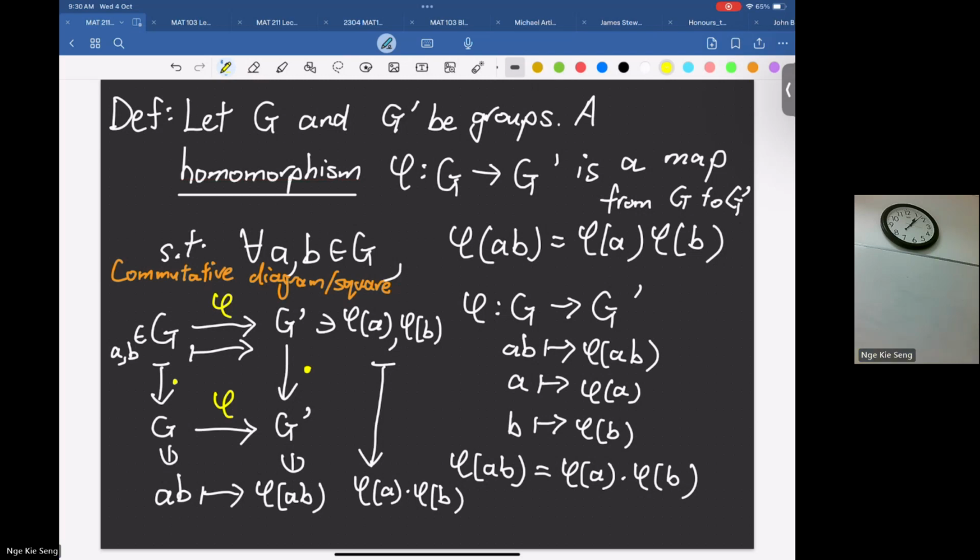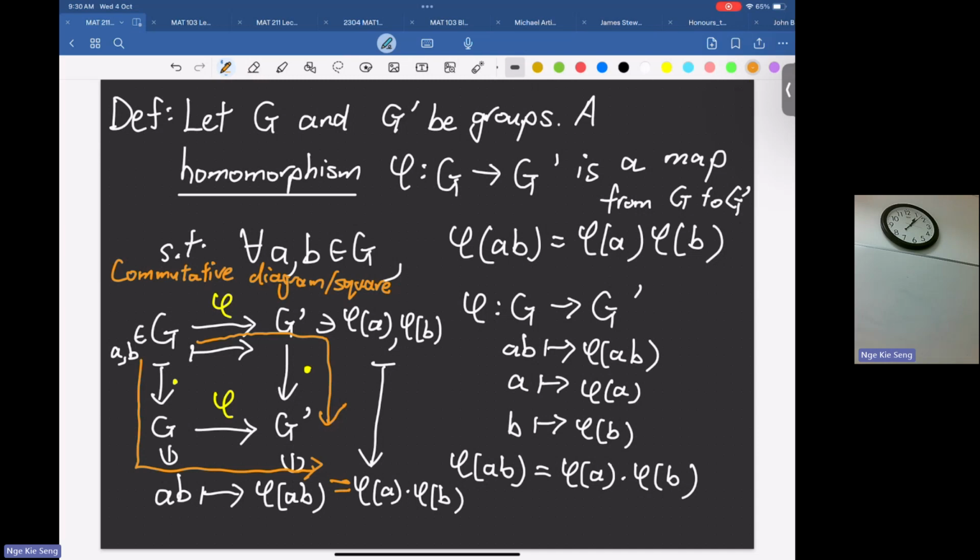So you have two routes here. One, you can go to the right and then go down. The other, you can go down first and then go to the right. A priori, these two paths are not the same. But if they give you the same thing, we say that this diagram is commutative. So this is the idea of this homomorphism.